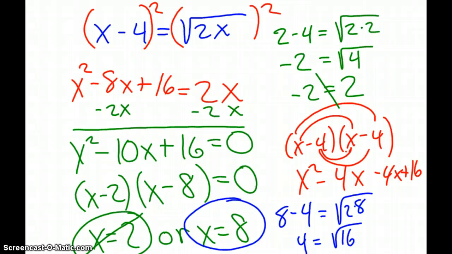So you always need to plug your answers back in and check them because it is possible when solving square root equations to end up with what's called an extraneous solution. A solution that works when you calculate out your work, but when you plug it back in, it's actually not an accurate solution. So you're always going to have to check your answers to make sure they're not extraneous.